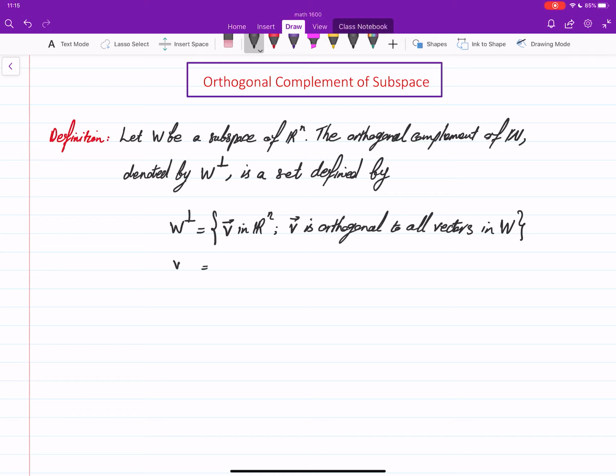Well, we already know a good way of writing this being orthogonal, so we can rewrite this set as: take all the vectors V in Rn such that V dot w is 0 for all vectors w in the subspace W.